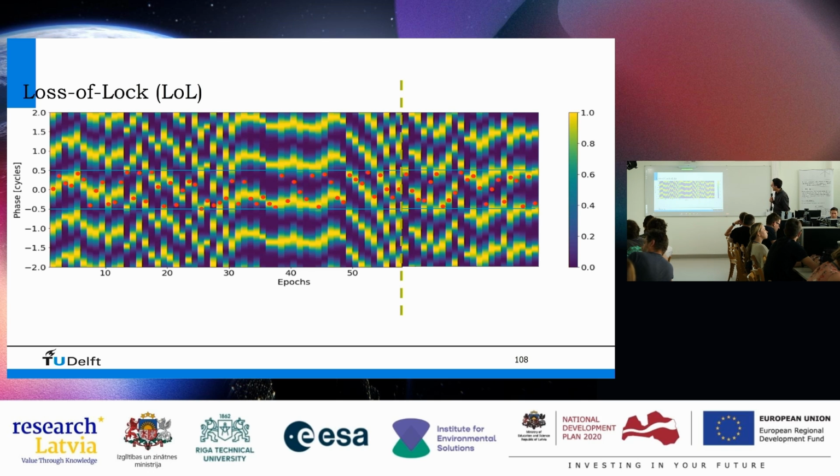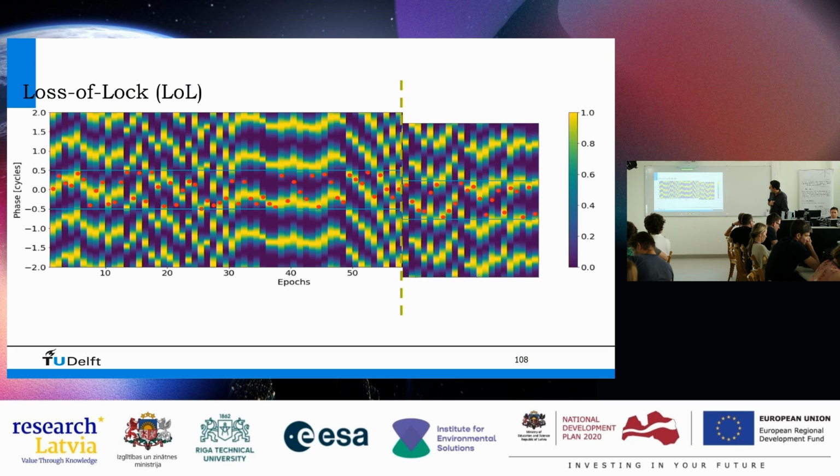So suppose that at this time, this would be an agricultural field, and the farmer would come here and plow the field, right? Then at this moment we get a loss of lock, and the phase value that I get after that loss of lock can be arbitrarily different, right? So it can be shifted like this.